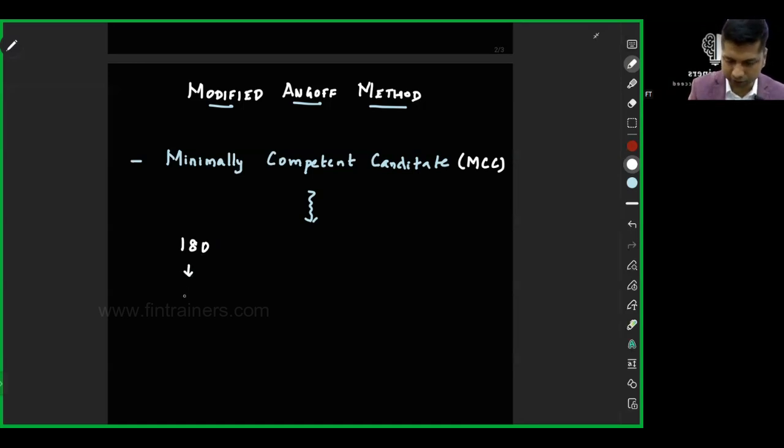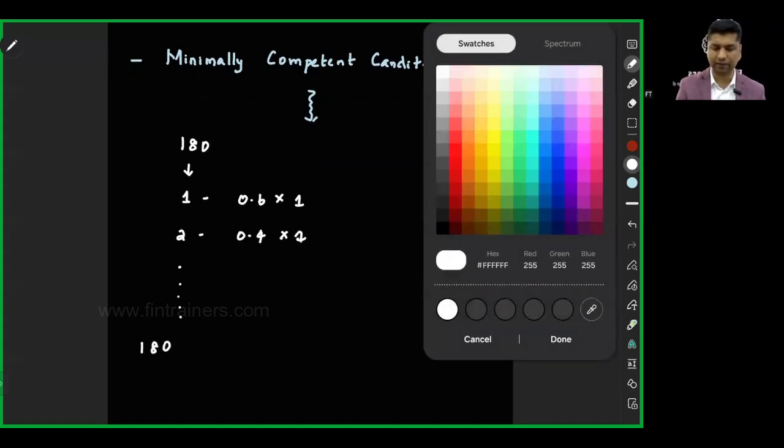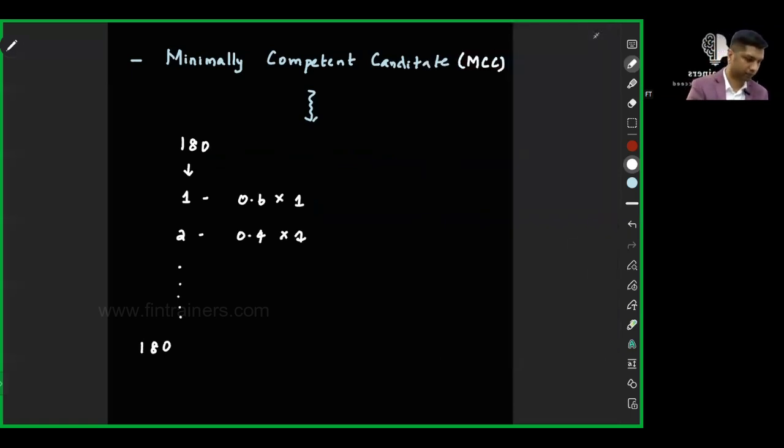So they will say for the first question, the probability is 0.6, second question 0.4, and so on. So 0.6 into 1. You're going to assign those weights and sum this for all the 180 questions. You multiply with the weights, and then sum them up.